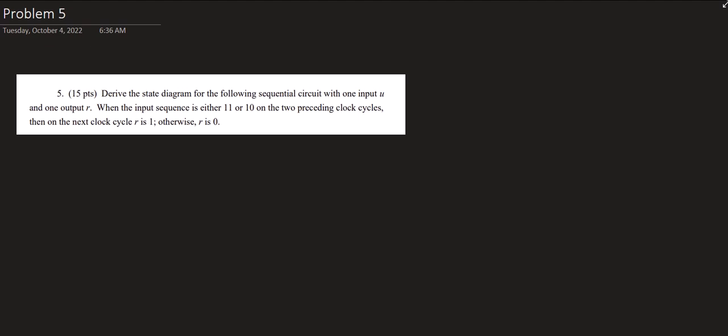So this right here, next clock cycle, that lets you know that the output depends only on the state.